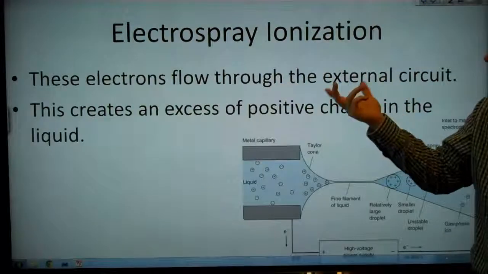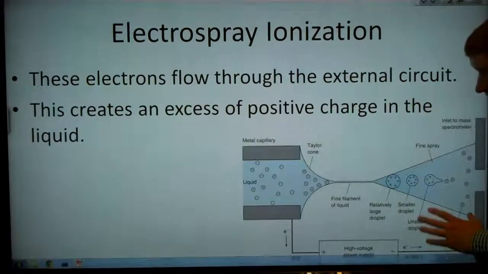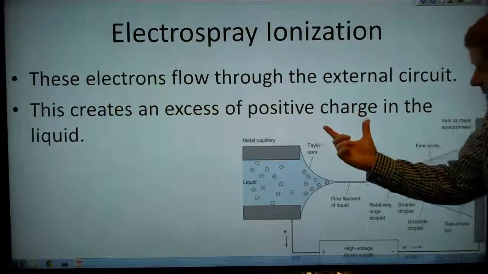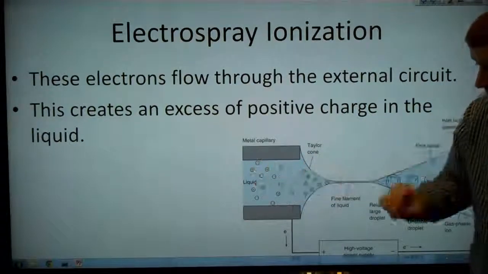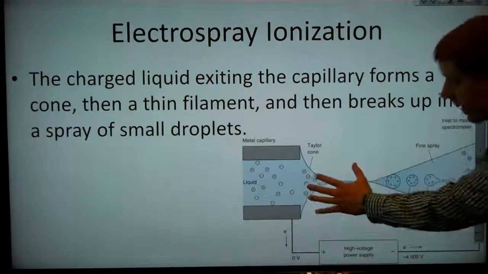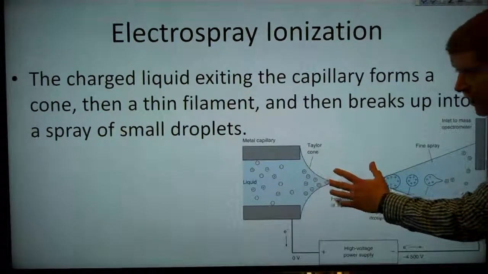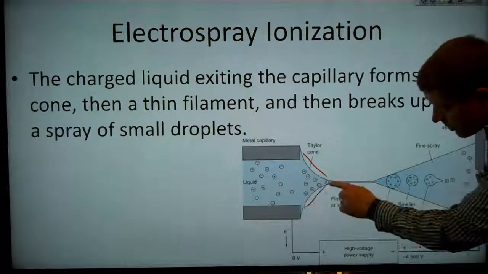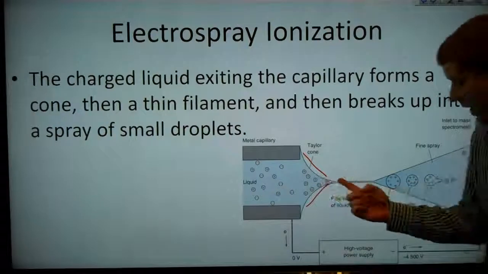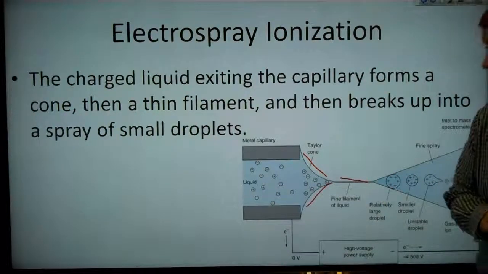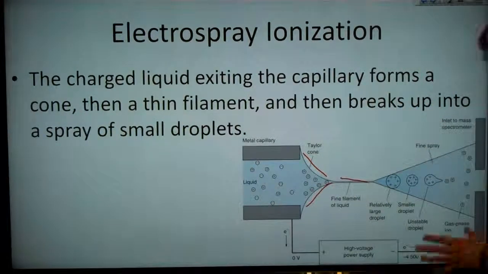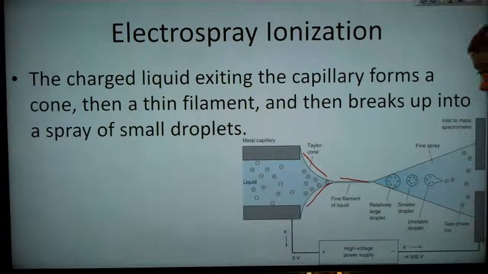These electrons then flow through the external circuit, and this creates an excess of positive charge in our liquid here. And the charged liquid that exits our capillary then forms a cone here, called a Taylor cone, then a very thin filament there, and then it breaks up into a spray of tiny droplets over here.